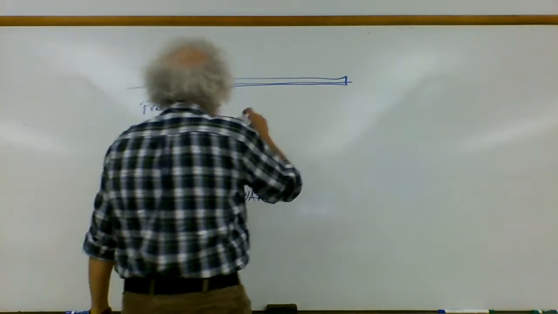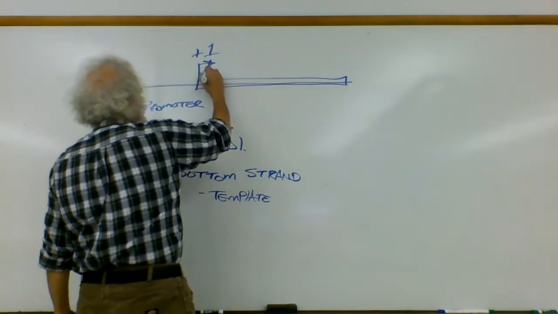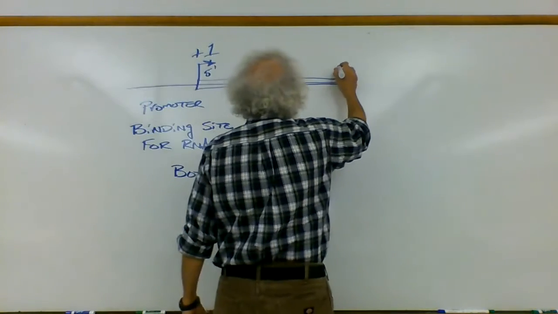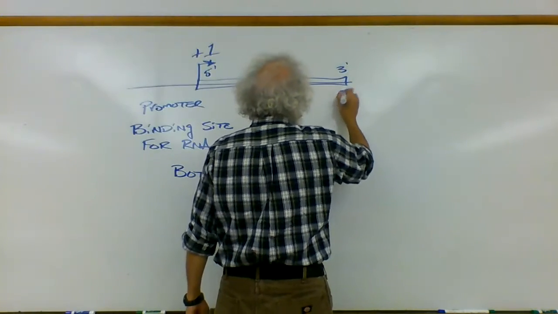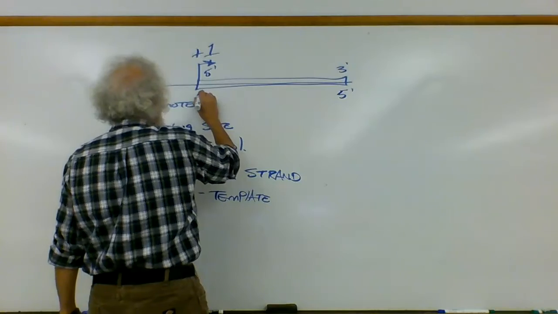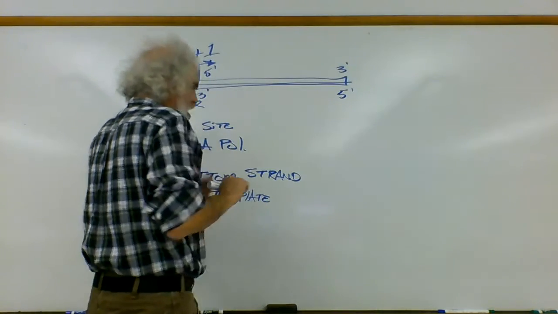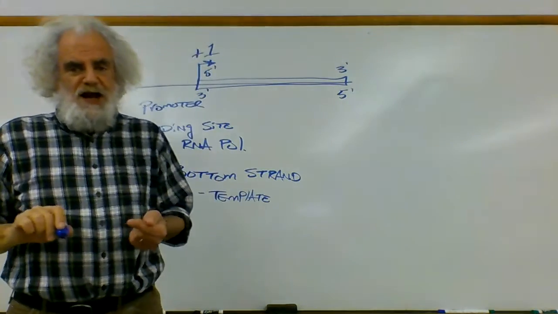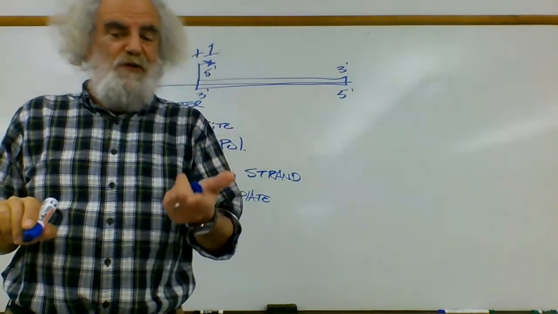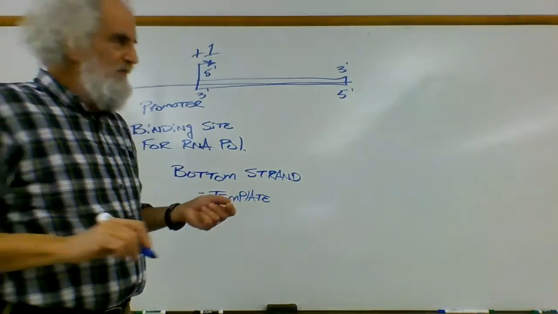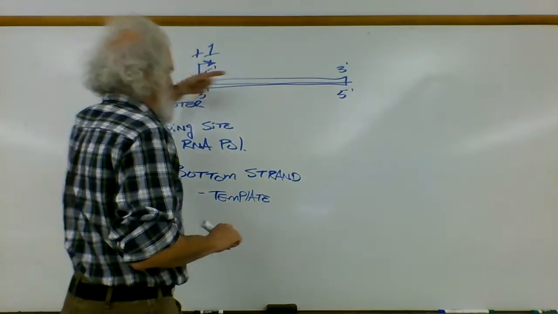So we've got the top strand running 5' to 3'. The bottom strand is running in the opposite orientation. All nucleotide polymerizations occur in the 5' to 3' direction, and that means that we're going to be going this way.